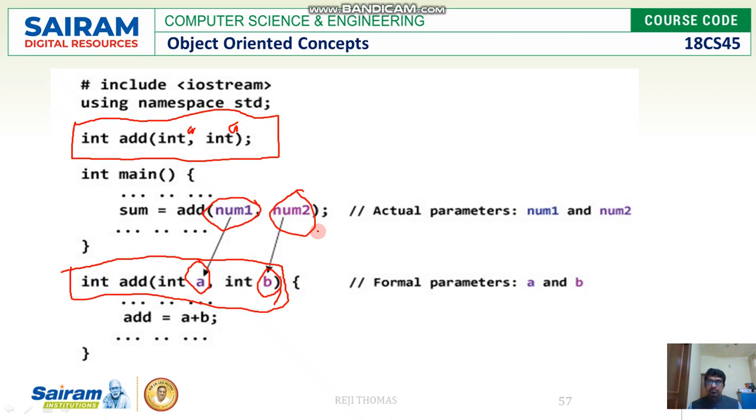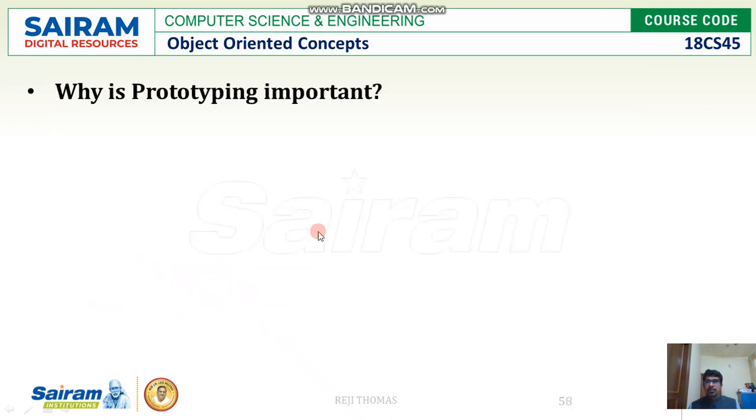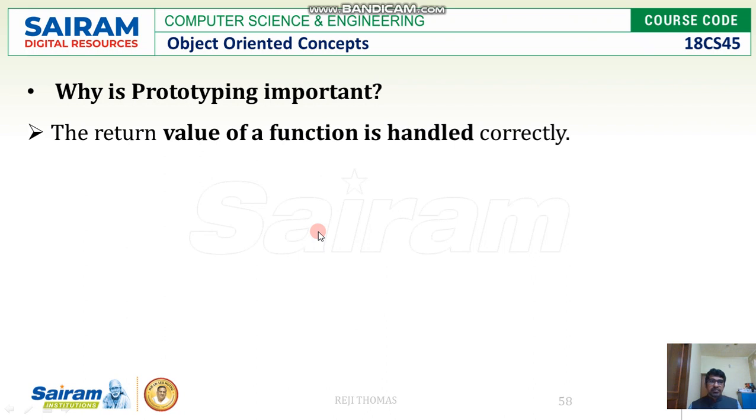Right? So why is this important? This is important to make sure that the return value of a function is handled correctly. Otherwise your system will get confused about what kind of value your function is going to return. Think that you have 3 to 4 functions, say function A, function B, function C, and function D. When I have 3 to 4 functions, your system will not have any idea if you don't mention the prototype.